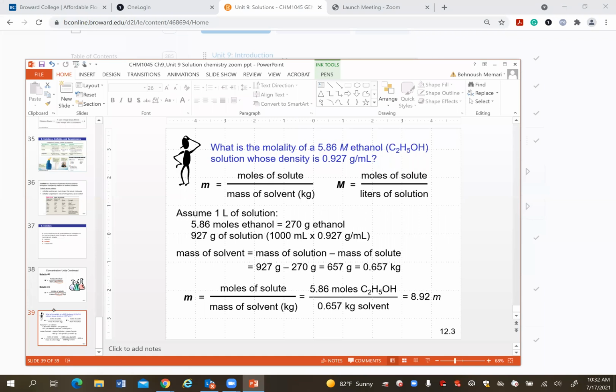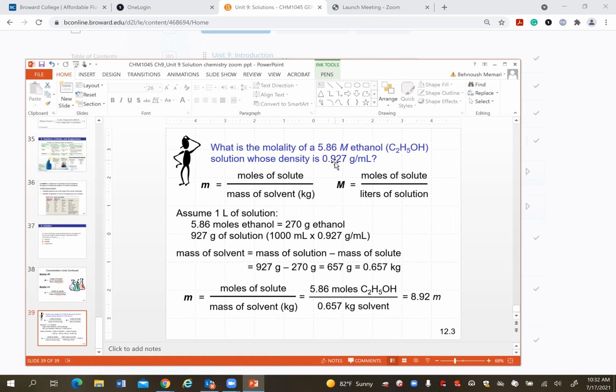Okay, one last question, example for the solution. You want to find the molarity of 5.86 molar ethanol solution.